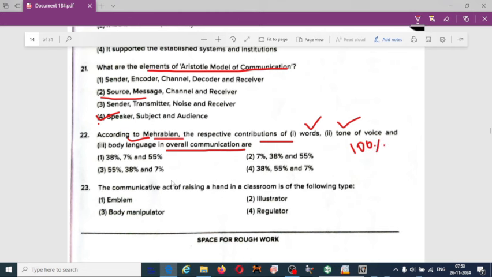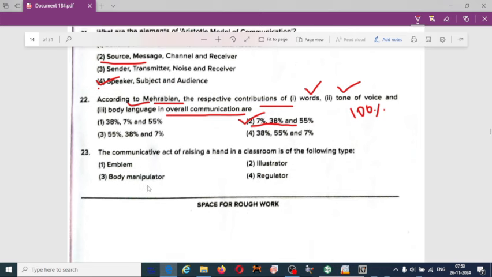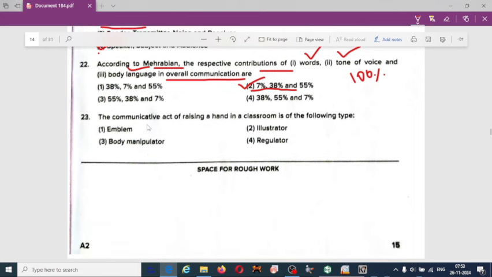So it involves 7% of words, 38% of tone of voice, and body language 55% according to Mehrabian. So option 2 is correct. Here, next question: this option is the reverse of the second one, but majority option 2 is the correct option.